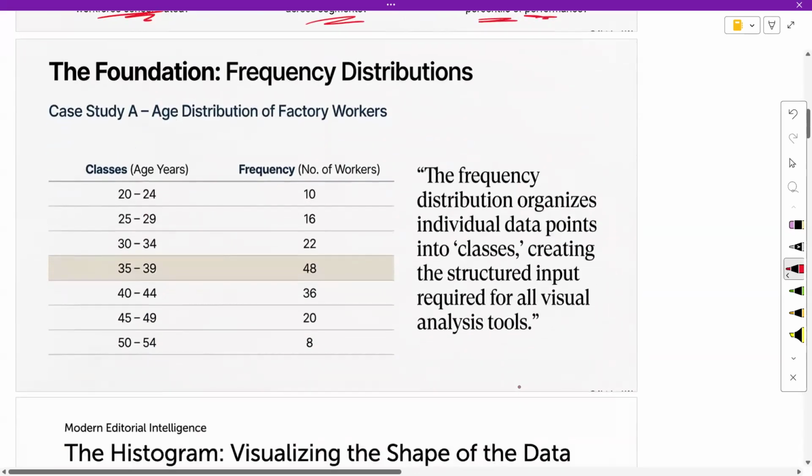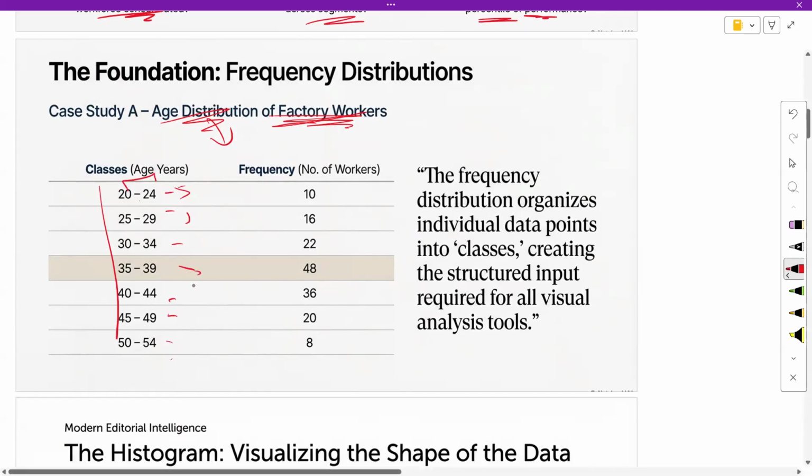The foundation is the frequency distribution, which we have discussed, and here the distribution is given. The age distribution is given in this table form. This age distribution is of the factory workers. Here we have classes 20 to 24, like that. Looking at it we can realize that the class size is 5.